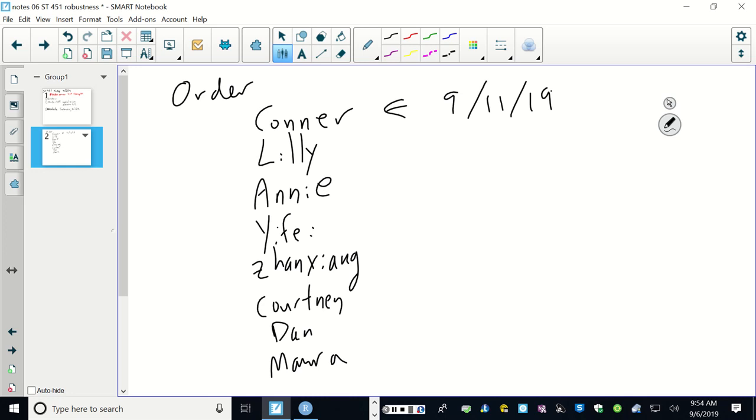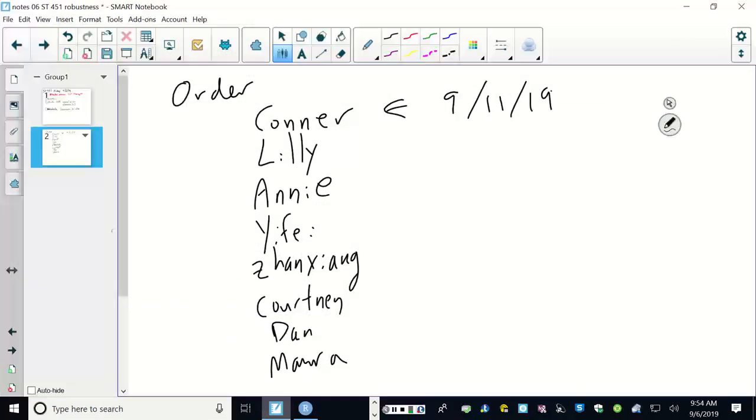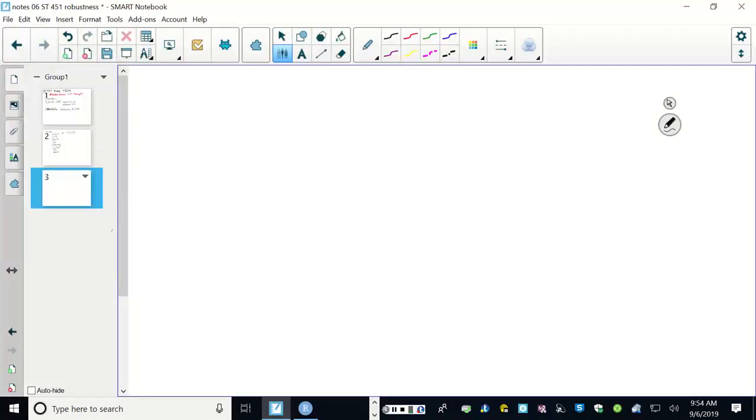Okay. So today's topic is that we've been doing these testing procedures and confidence intervals, and there are some assumptions underlying these. And so this idea of robustness, there's an area of statistical methods research called robust statistics.